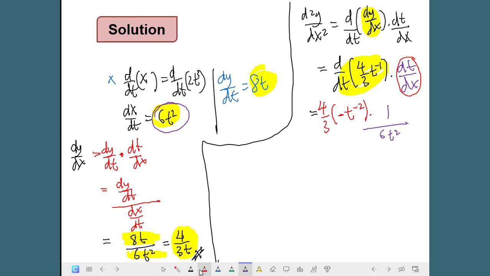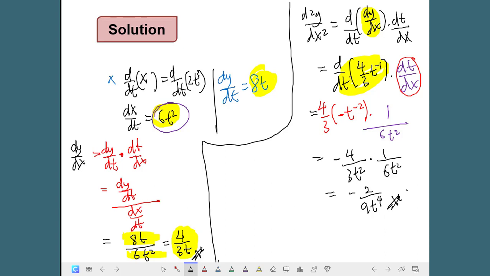Simplify: negative 4 over 3t squared times 1 over 6t squared. The answer is negative 2 over 9t to the power 4. This is d²y/dx².